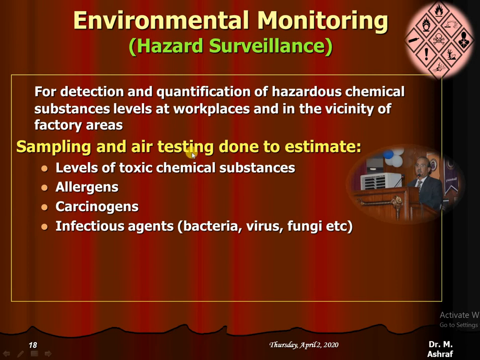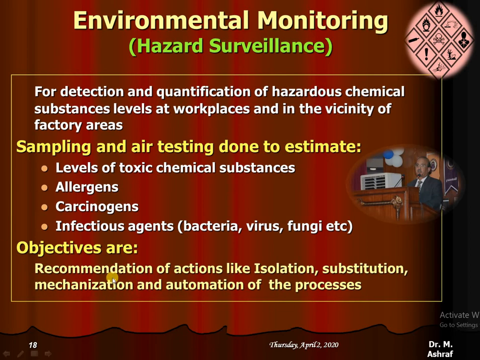The sampling and air testing are done to estimate the level of toxic chemical substances like allergens, carcinogens, and infectious agents like bacteria, viruses, fungi. So this sampling is done in the ambient environment.